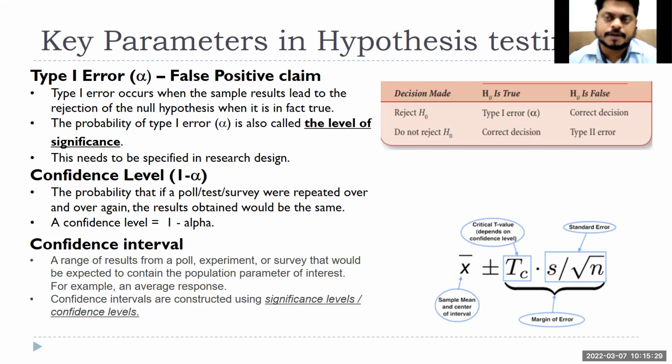There can be multiple errors, but I'm saying that all the errors combined are limited to 5%, which gives rise to something called a false positive, that actually was not true, but I say that it is true, right?